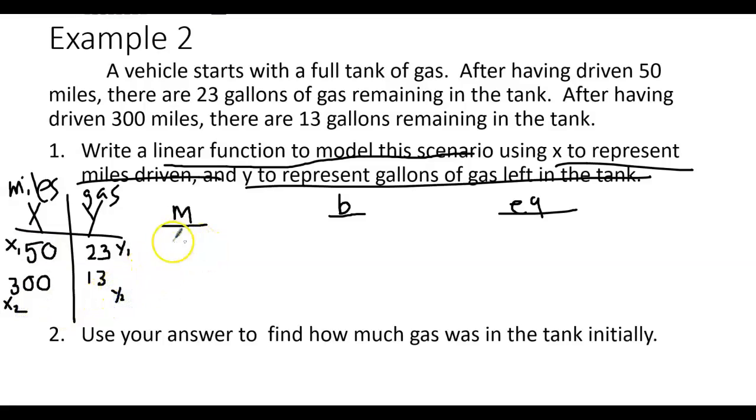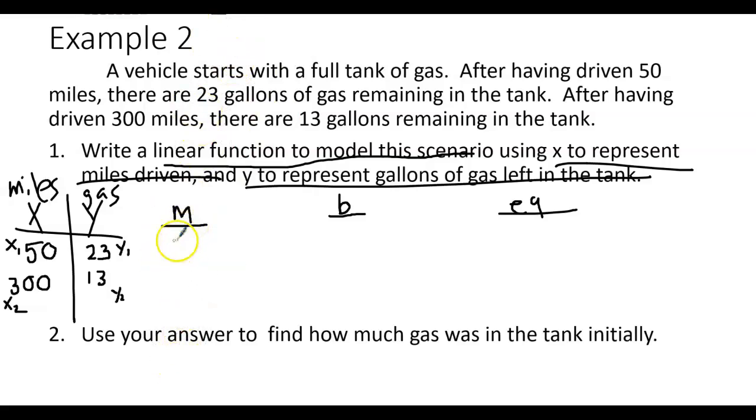So using our slope formula to find our slope, we're going to do y2 minus y1 over x2. Did I do that right? I don't think I did that right. Let me back up a little bit. I don't like what I just did.